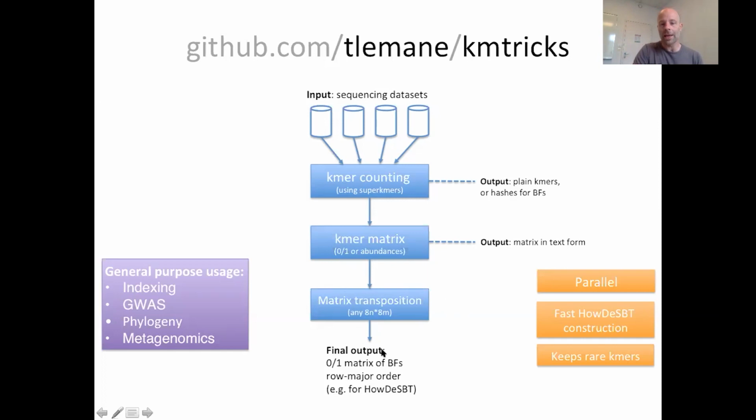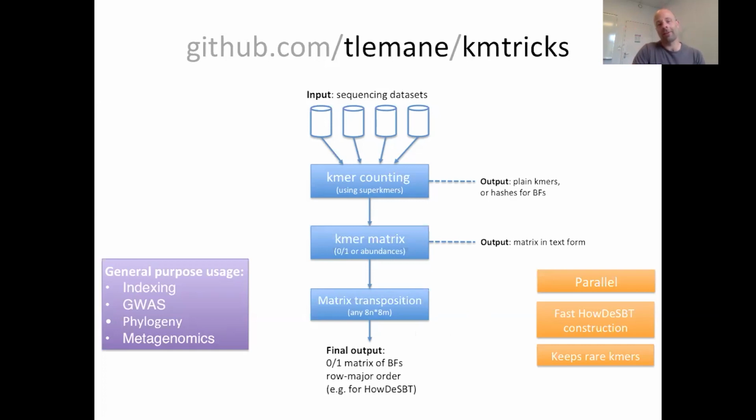So you can take any matrix. The only restriction is the fact that the number of lines and columns must each be a multiple of 8. So, well, this is not that important, but think about that if you want to use this module.